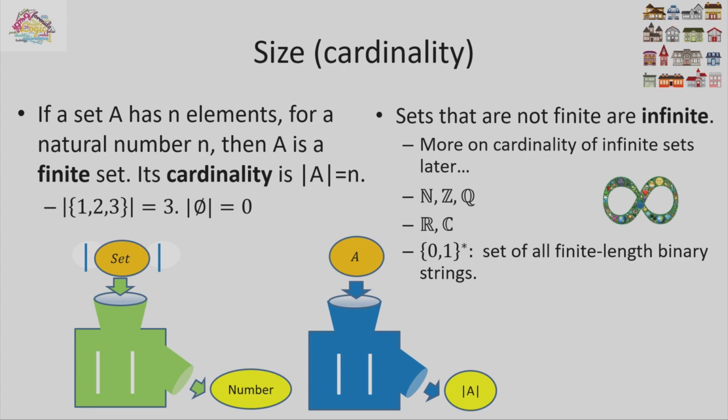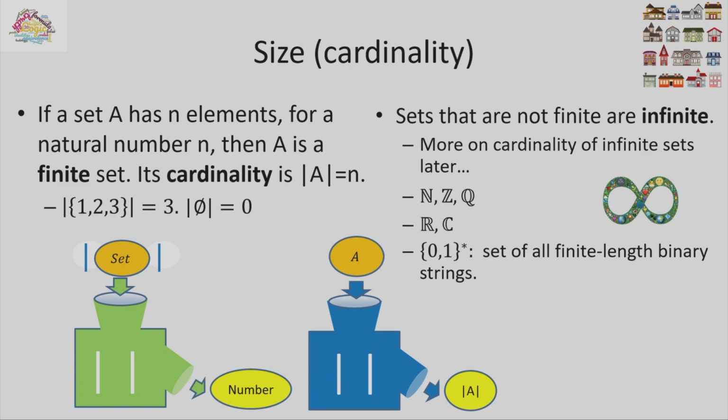So if you're getting a set {A, B, C}, you get out a number 3. And if you're trying to write the cardinality of a set, all you do is you take the name of the set and put vertical bars on both sides of it.